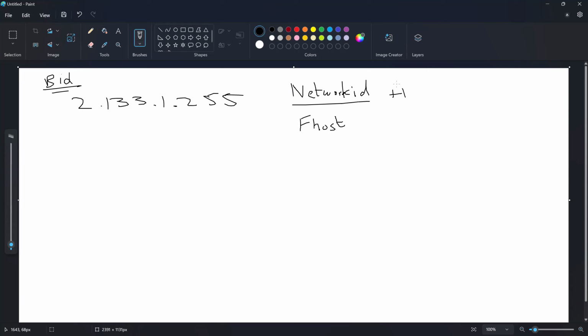So the last digit of network ID, if it's 0.17, the first host will be 0.18. And then you go with the network, and then there's the last host. And after the last host, you have the broadcast ID.